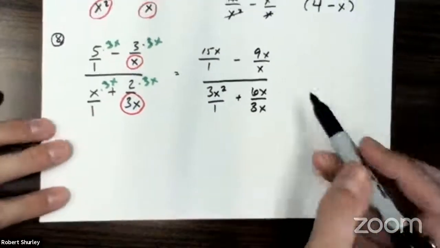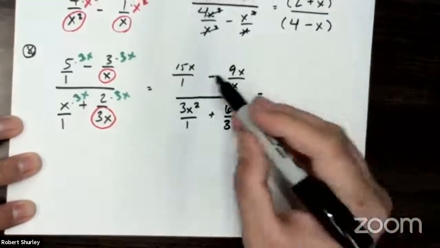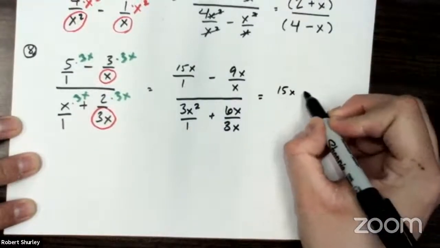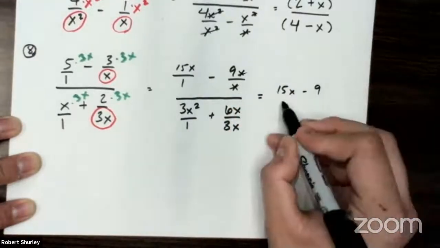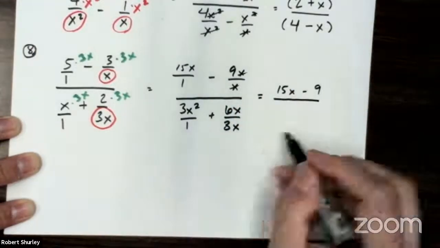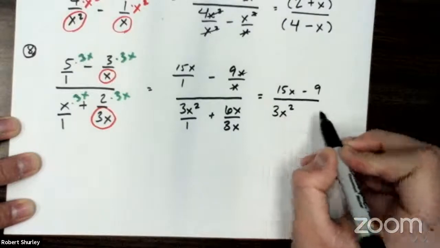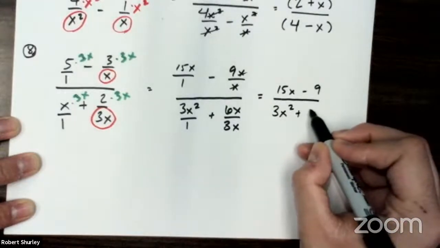Okay, so if we simplify these, that's just 15x, minus, now look, the x's cancel here, so minus 9, over 3x squared plus 2.